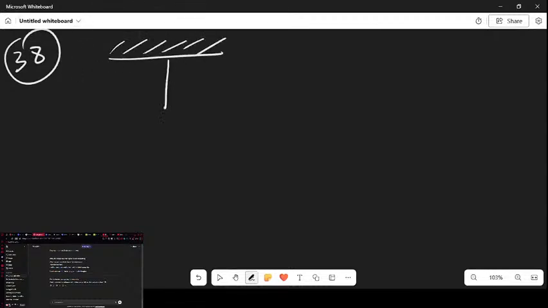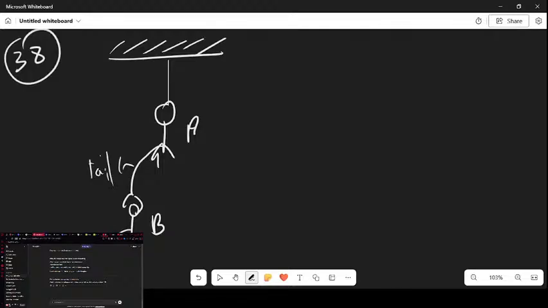Okay, 38. The monkey B. There is a monkey A, connected by its tail to another monkey B. The monkey B shown in the figure is holding on to the tail of monkey A, which is climbing up a rope.